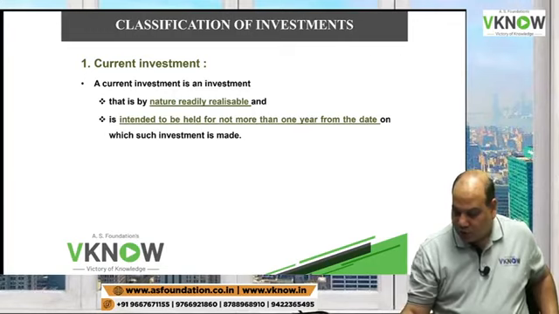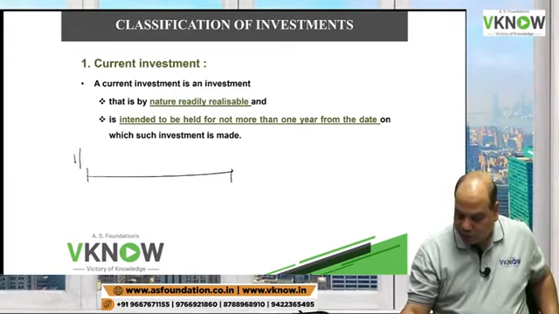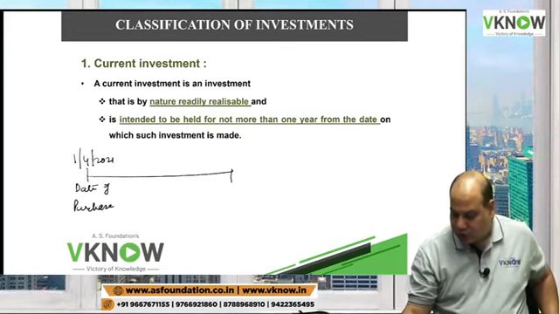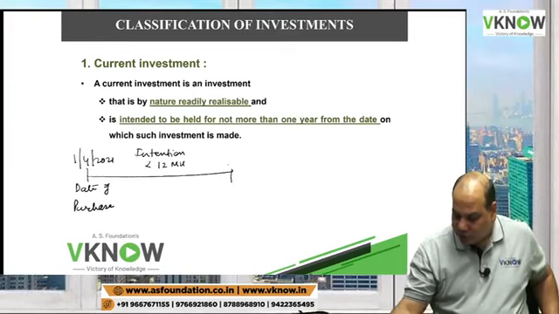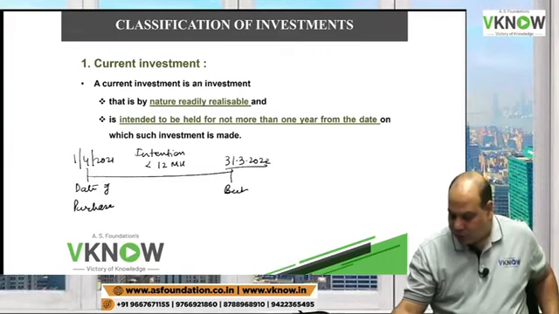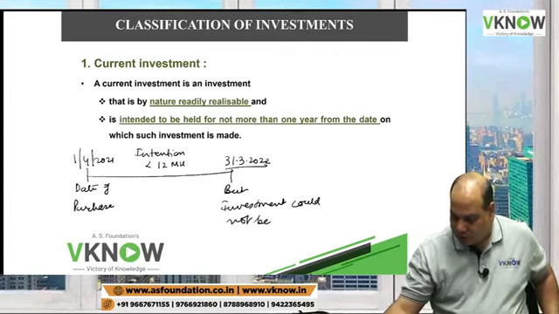Now you will ask me one question. We have purchased shares on 1/4/2021. The intention was to hold for less than or equal to 12 months. So the year ending date is 31st March 2022, but the investment could not be sold. Oh my God. So what will be the classification on 31st March?